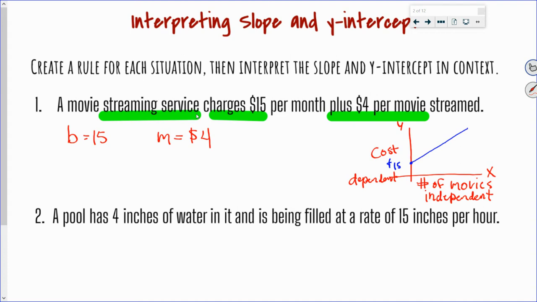So I've got to write a rule. You ready? Here's the rule. y equals mx plus b. I'm going to use what we call the slope-intercept form because I can easily find the slope and easily find the y-intercept. So it's y equals 4x plus 15.